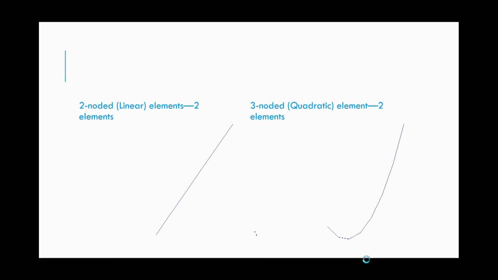Okay, so we want to try out the discussions that we just had, for a 2-noded element versus a 3-noded element, on a real computation. So let's first define the problem. The problem is heat conduction in a slab, something that we have been doing.